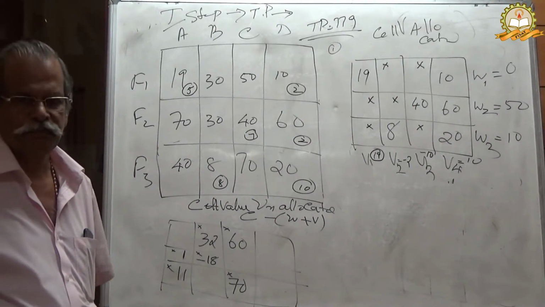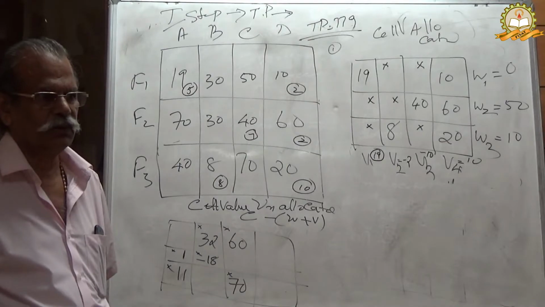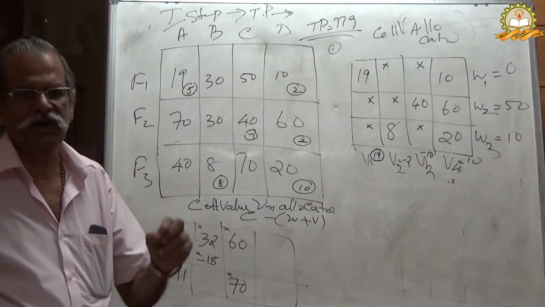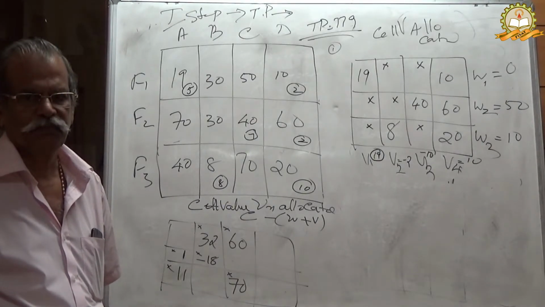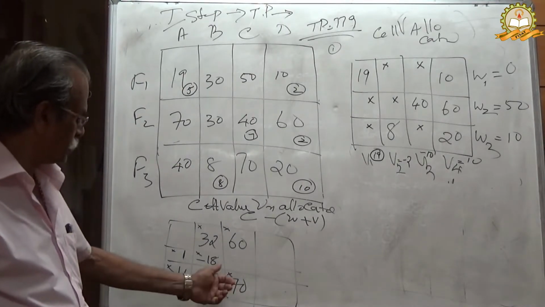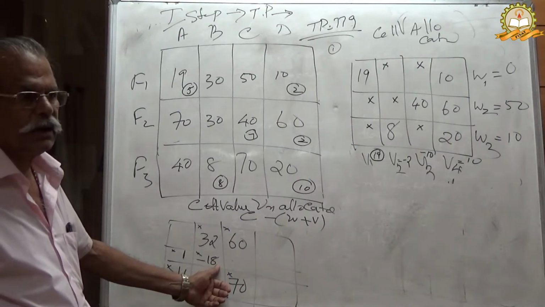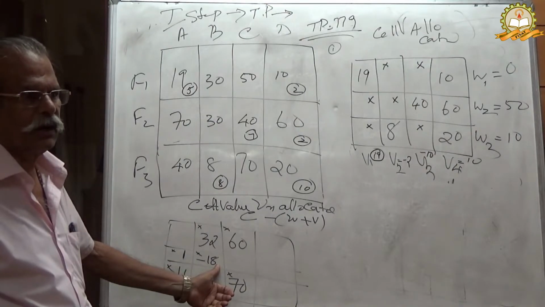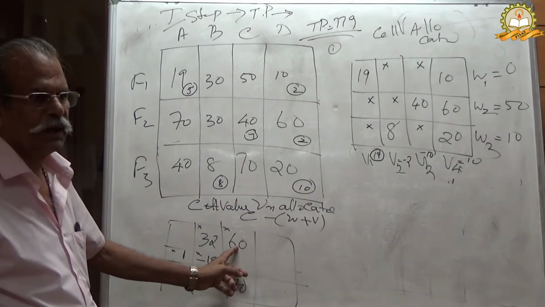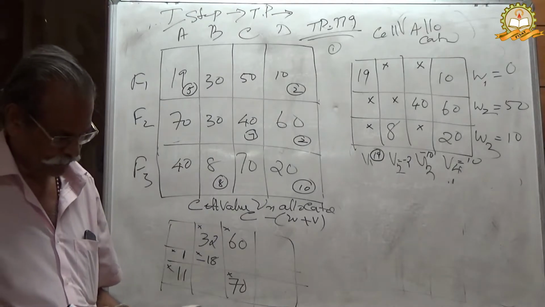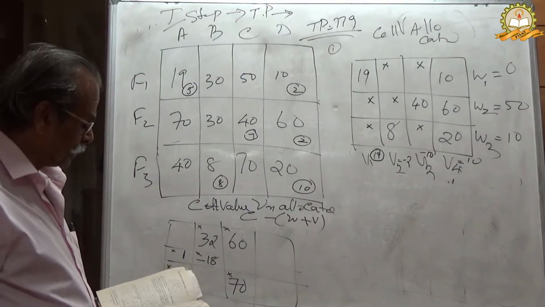Here in this problem, we observe one cell value in the unallocated cells, applying C minus of u plus v, equal to negative 18.